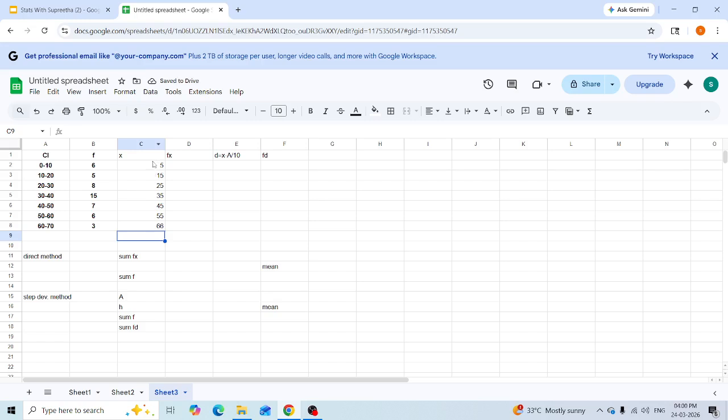This is how we calculate the midpoint. Now we need to calculate f into x. So how to calculate fx? It's 6 into 5, 30. Similarly, calculate it for all the values.